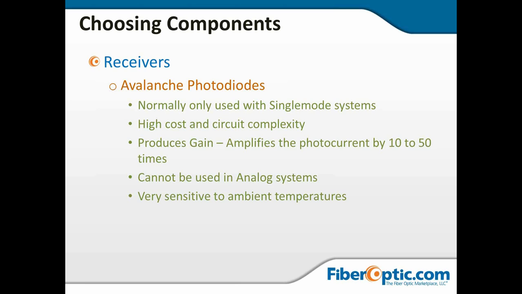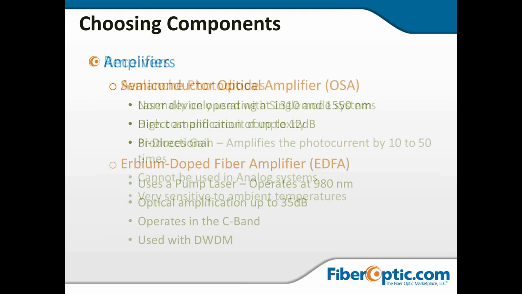So what you're getting is a preamp, and then the receiver, and then another amplification. It's multi-stage. That's the complexity of the circuit. It cannot be used with analog systems, and it is very sensitive to its ambient temperature. Again, air conditioning is going to be needed in the environment where it is used.